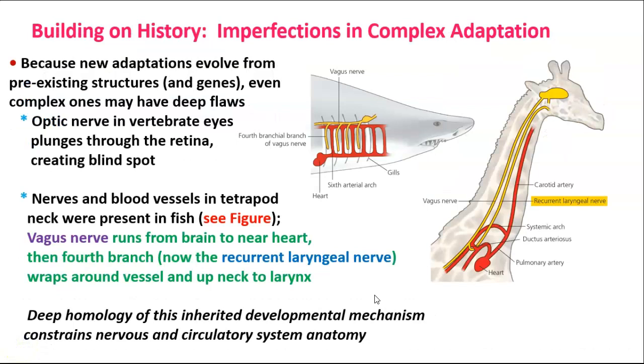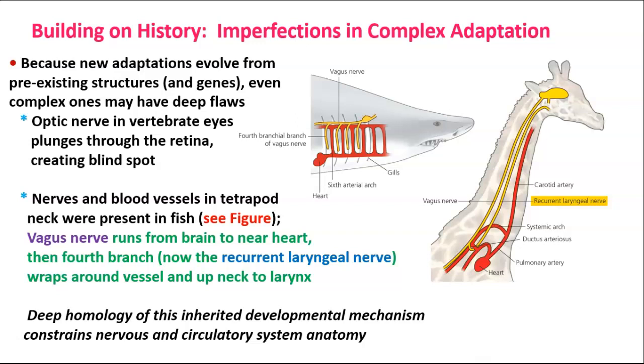So here's yet another concept for us to chew on a little bit in this chapter: imperfections in complex adaptations. So because adaptations evolve from pre-existing structures and genes, for that matter, even complex adaptations can have deep flaws. In other words, we don't start off from scratch.